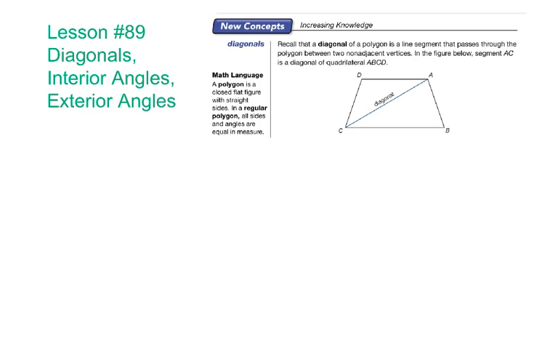Okay, let's think about what this means. Two non-adjacent vertices. Well, we know that this has four vertices: 1, 2, 3, 4. Adjacent would be if the vertices were next to each other.